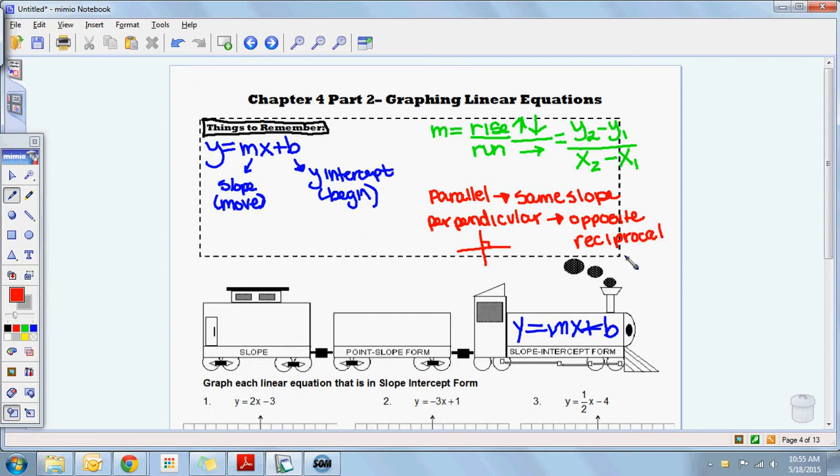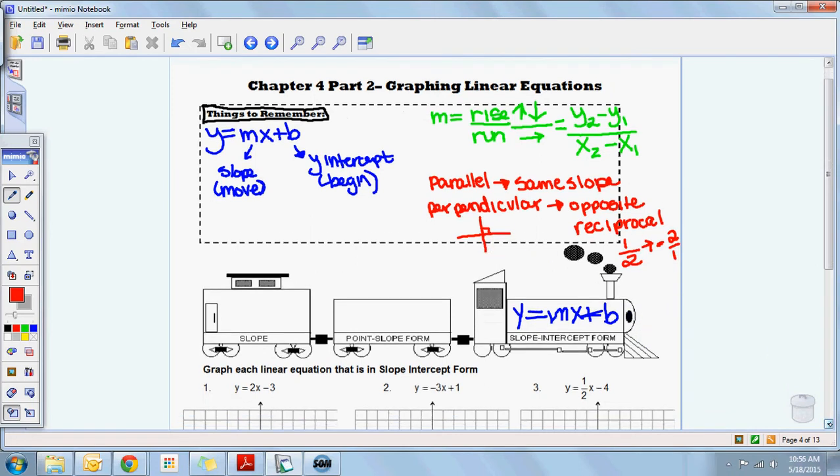So just to give you an example, if I have a slope of a line that's 1 over 2, and I ask you to write the slope of a line that's perpendicular to this slope, the opposite would be negative, since this one's positive, and reciprocal just means to flip it, so it's going to be 2 over 1. So keep that in mind when you're talking about parallel and perpendicular lines.